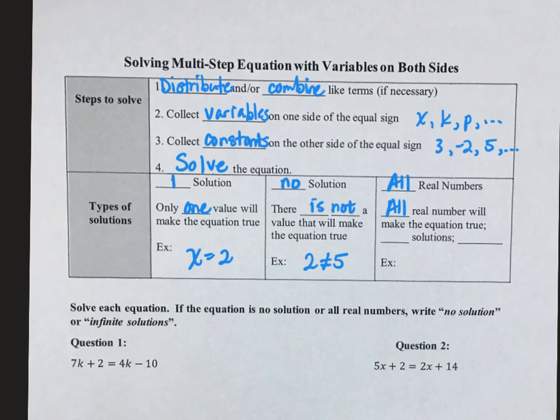Another way to refer to all real numbers is infinite solutions, or infinitely many solutions. It's also called an identity. An example of that would be you solve the equation and you end up with 2 equals 2.